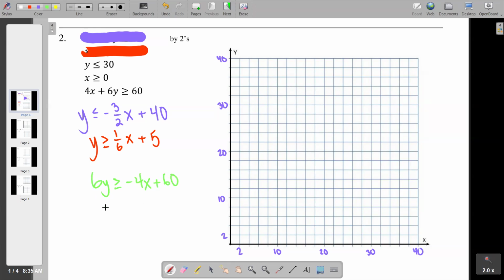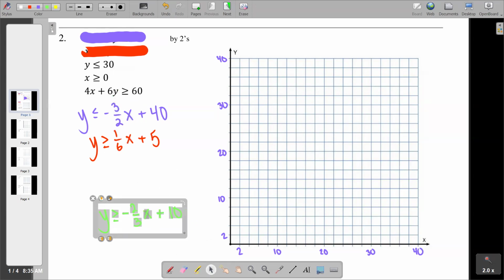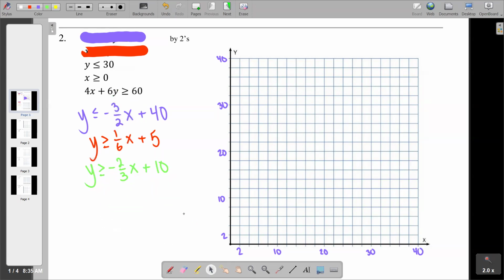So if we divide by 6, we should get y is greater than or equal to negative 2/3 of x plus 10. Are you with me? Okay. So now these three that I have written up here in colors are the three that we have modified or fixed to make them graphable, right?